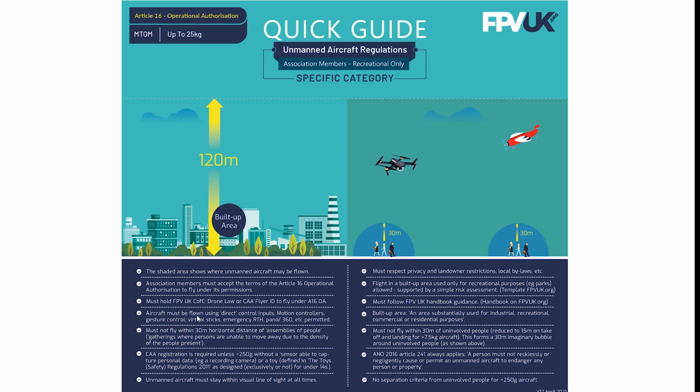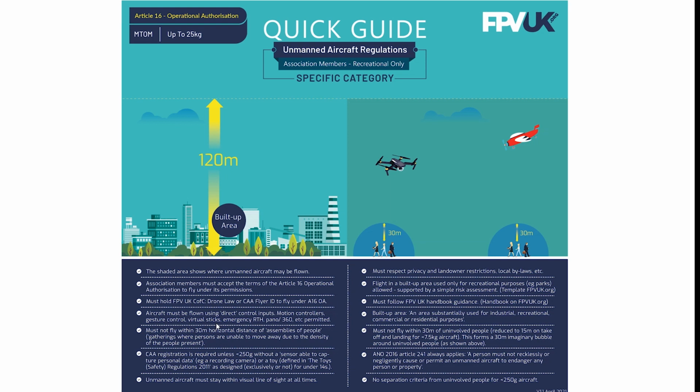You can fly aircraft using motion controllers, gesture control, virtual sticks, etc., as long as the aircraft only moves when you give it a control input. Doesn't matter how you give it a control input, but it must only move when you tell it to. It can't be flying around of its own volition, except in the case of an emergency, in which case it can do a return to home.